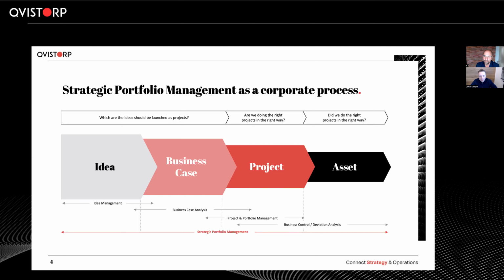So on the previous slide, what we saw is that the R&D or the product development types of initiatives were the highest risk, but probably the highest return as well. But what we probably can see here is that the risk is the highest at the beginning of the process, right? Where you do not really know.